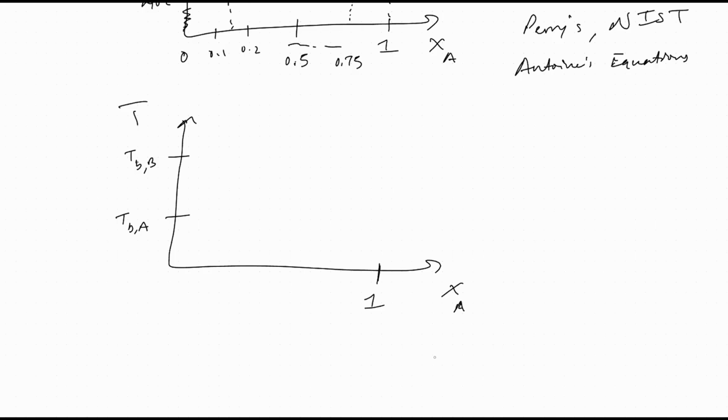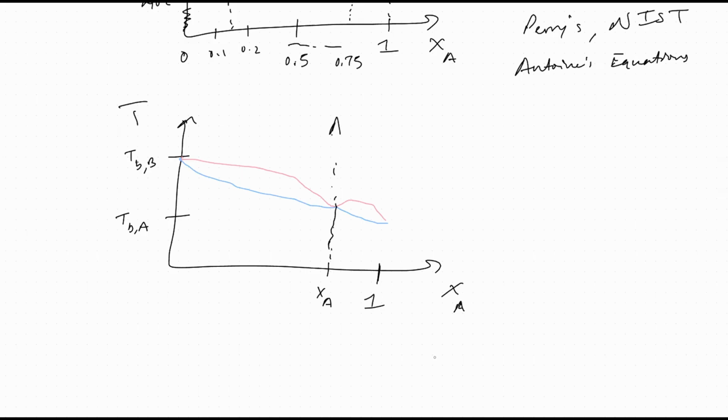And so what you can actually have happen is, I'll call this XA, A for azeotrope. What you might have happen here is that they might meet up in the middle.